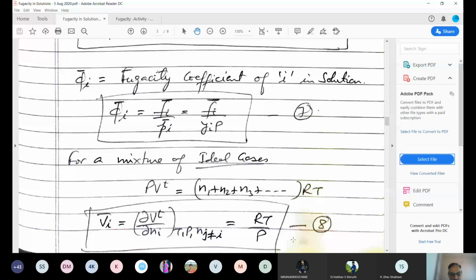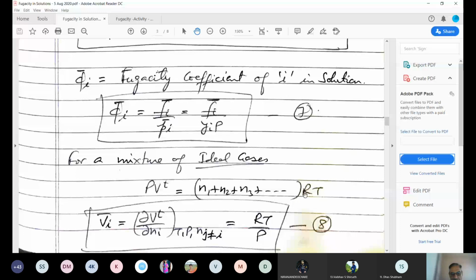I am taking the derivative with respect to Ni. Suppose I want V1 bar, the partial molar volume of component 1, then ∂Vt by ∂N1 at constant temperature, constant pressure, Nj not equal to 1. That means Nj is constant for component 2, component 3, component 4, etc. If I take the derivative with respect to N1, it is ∂N1 by ∂N1, that is 1, the others are constant, so their derivative is 0, into RT.